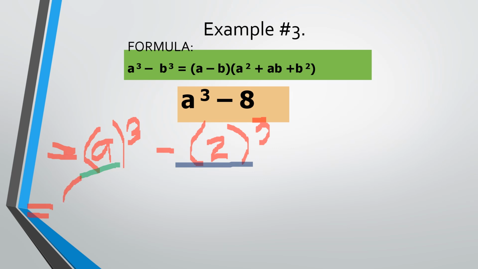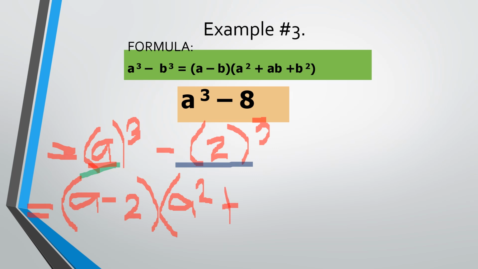Open parenthesis, a minus b. So we have a minus 2. Close it. Open parenthesis, a squared. So we have here a times a, a squared, plus a multiplied by b.